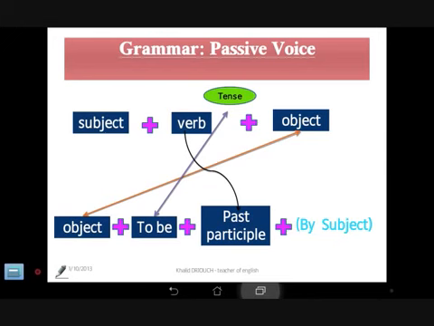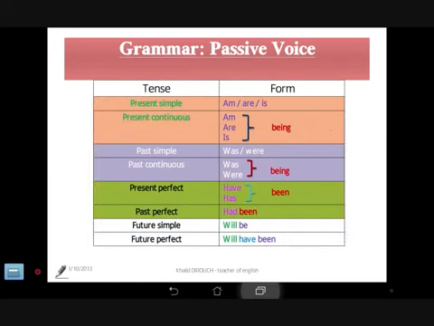Now, you might have noticed in the previous slide that one of the important elements in the passive form structure is the verb to be. So here is a table that summarizes all the forms of the verb to be in the different tenses that students of baccalaureate are acquainted with. The verb to be in the present simple will always be am, are, is.